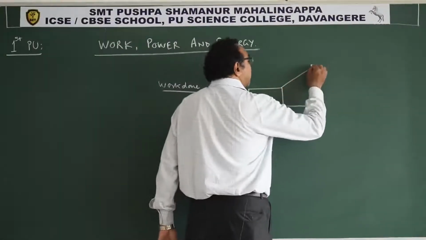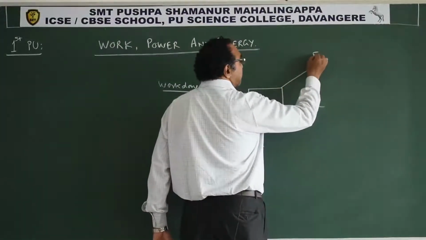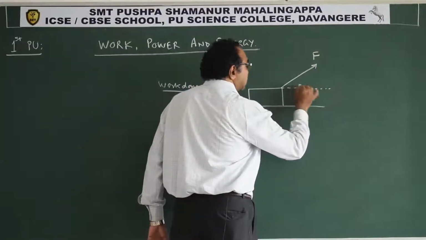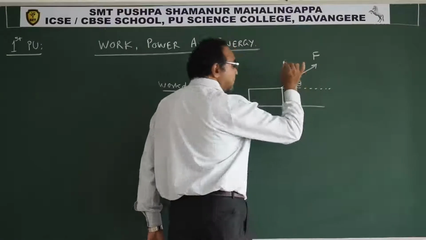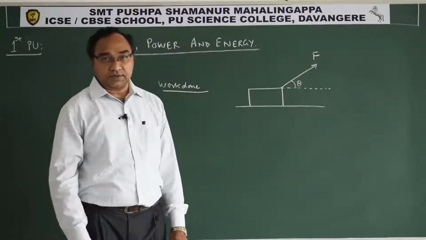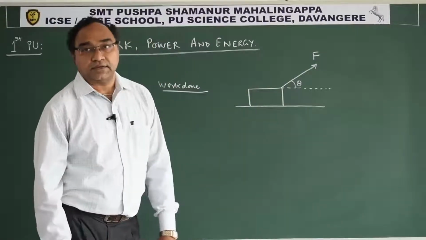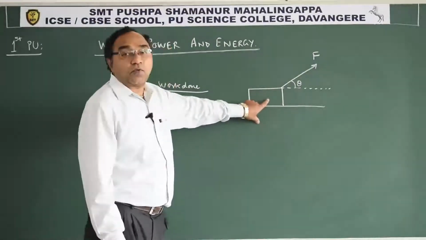Now a force is applied on it. This is the force which is applied on it. The applied force is at some angle theta to the horizontal. Now when the applied force is at some angle, what will happen to the body?